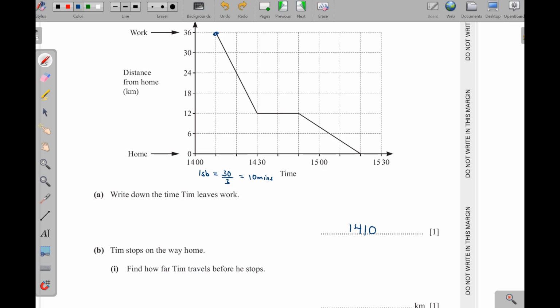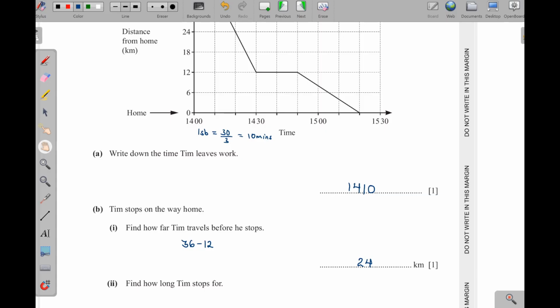So we are looking at this point here and this one here. And when you look at that, that is 36, then minus the 12. What do we get? Isn't that 24? 36 minus the 12. This one gives us 24 kilometers.